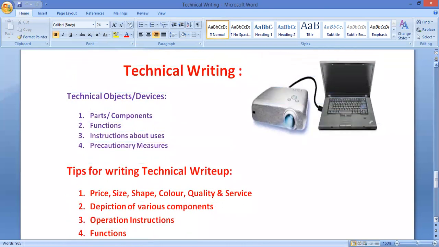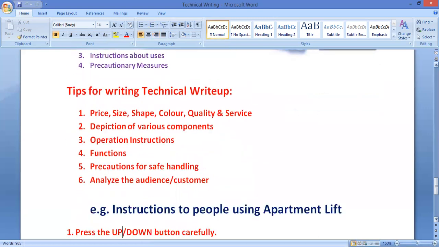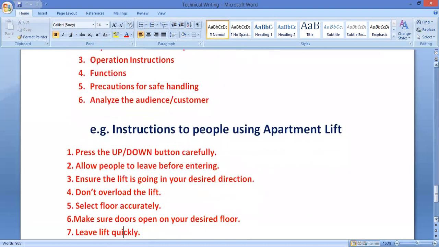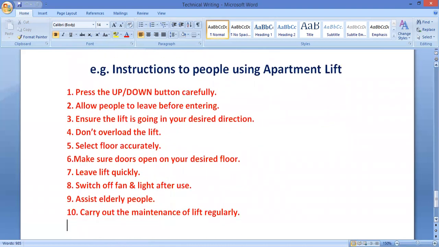So in this chapter, we have learned what technical writing is and what four things one should consider while writing about technical objects or devices. Then we have learned tips for a technical write-up, and lastly, instructions for operating some devices, which can also be considered technical writing.